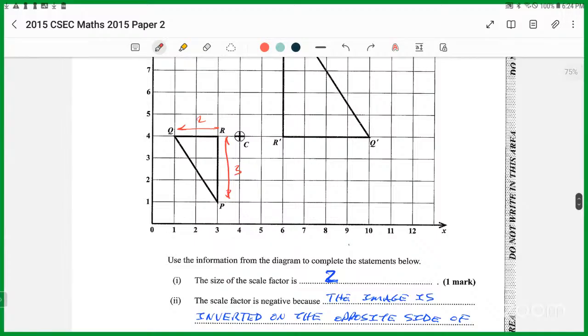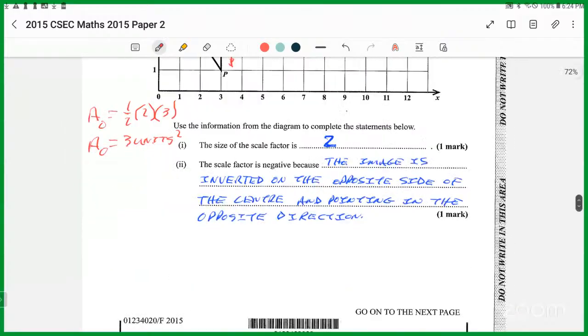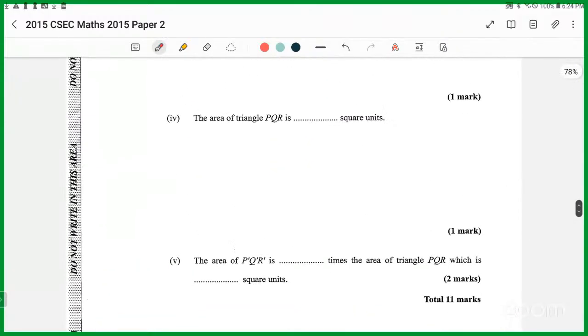So this is the area of the object. The area of the object becomes half times the base, which is 2, times the height, which is 3. So it becomes 3 units squared. That's the area of the object right now. We can show that calculation down here.